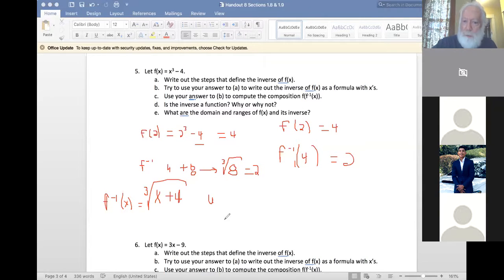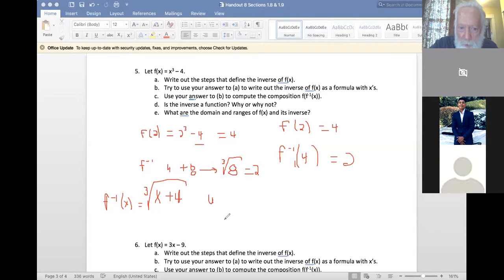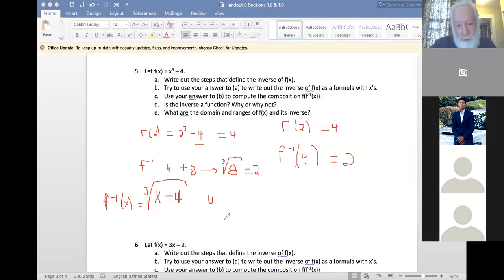So you don't have that ambiguity. Each cube root only has one answer. Each square root has 2. So if I take any number and apply the inverse formula, I'm only going to get one answer. Does that help? Yeah, thank you.